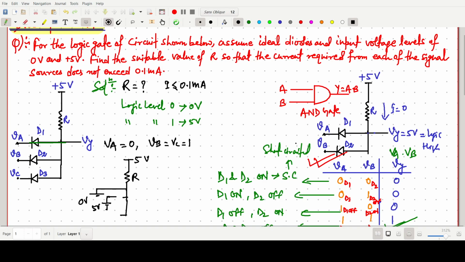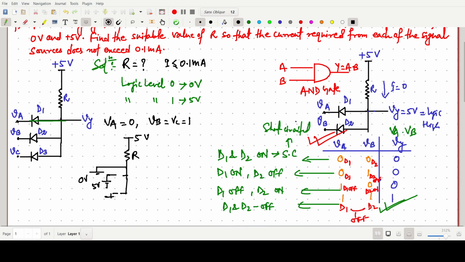Once again, it should be like this for the 5 volt. Here D2 and D3 will be open circuited, and D1 will be in the on state, short circuited.